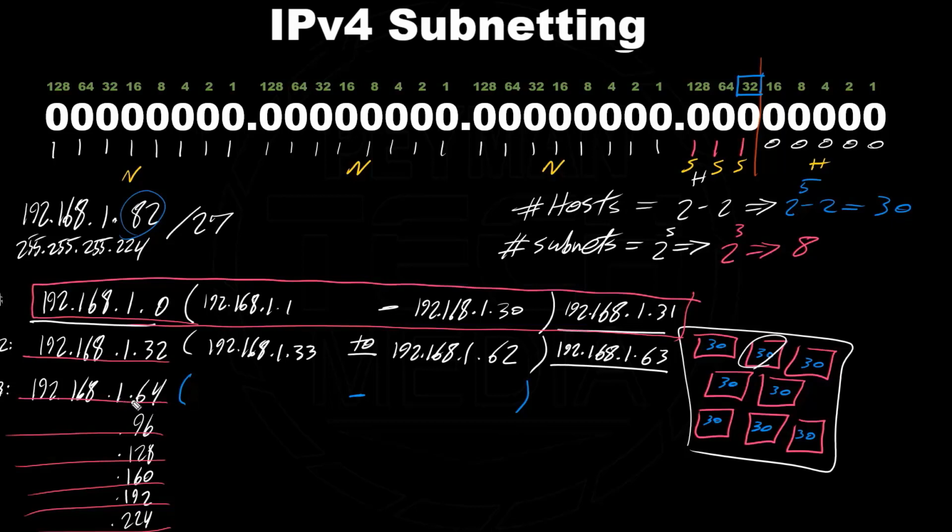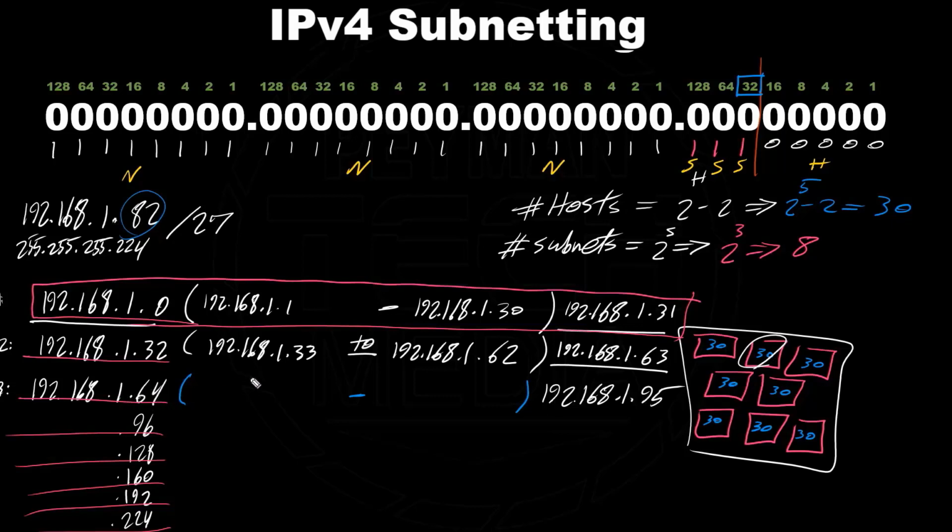It is in the 1.64 subnet. And the broadcast for the third subnet is 1 less than the next subnet. 96 is the next subnet, so the broadcast is 192.168.1.95. So 1.95 is the broadcast address for this subnet, and this IP address 1.82 falls into the 1.64 network.